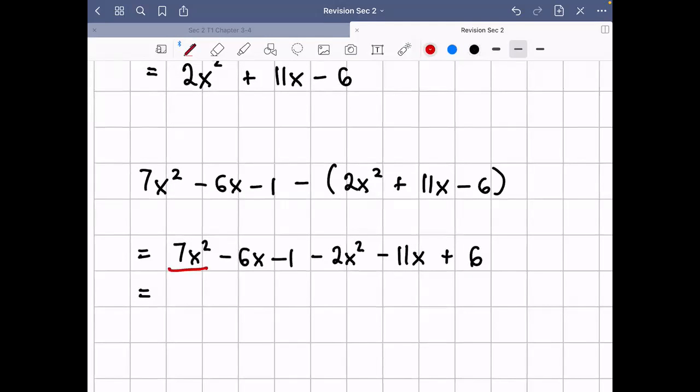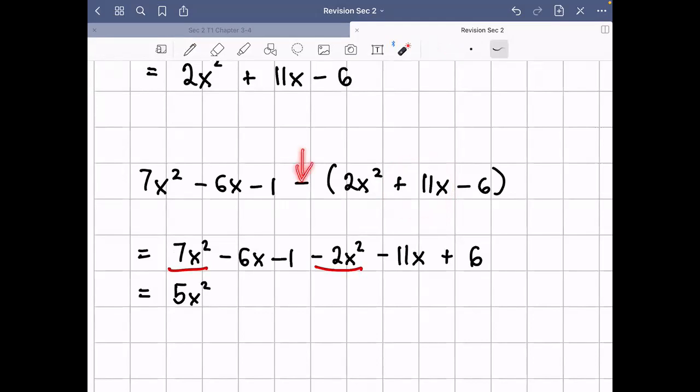So we have 7x squared and negative 2x squared gives us what? 5x squared. I'm confused, why 5x? Hannah, I think this one, you see 11x here. Now, this one is subtraction, right?